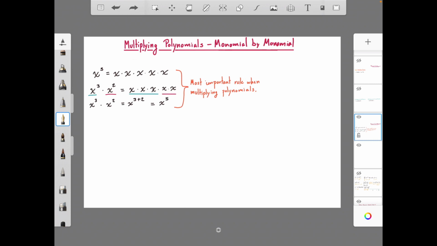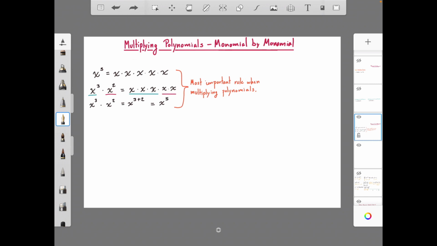Okay, so first we're going to begin with a monomial times a monomial. So we have this case here that states that x to the 5th power is equal to x times x times x times x times x. And following the first rule of exponents, we know that when you have two variables being multiplied and they have the same base, you can simply add the exponents, right?